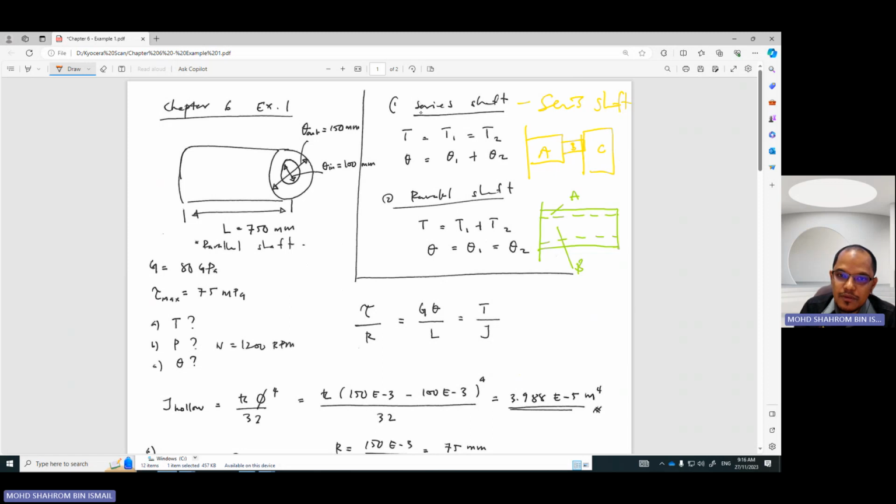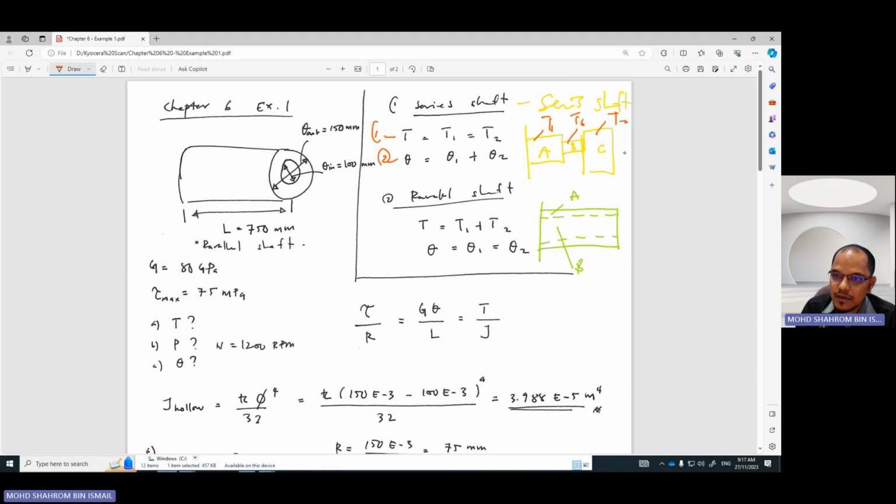So this is formula to solve the problem. For the series shaft, we got two kind of formula in order to solve the problem, which is torsion. For the torsion, supposedly torsion yang berlaku di A, T1 is supposed to be equal to T2 and T3. They supposed to be equal. Begitu juga dengan keadaan angle of twist.